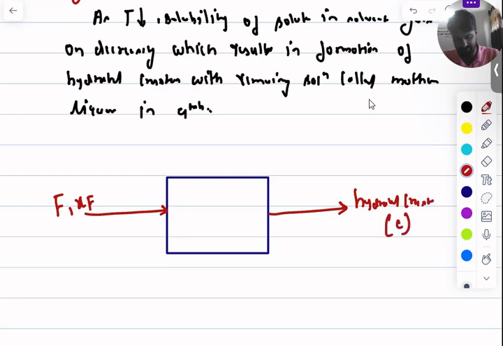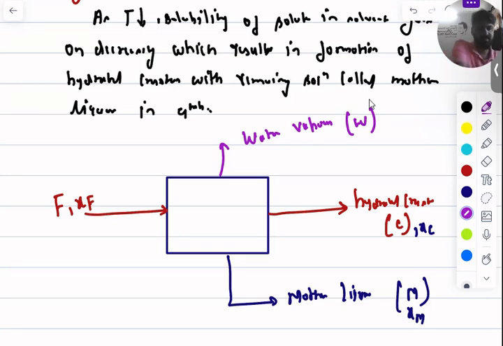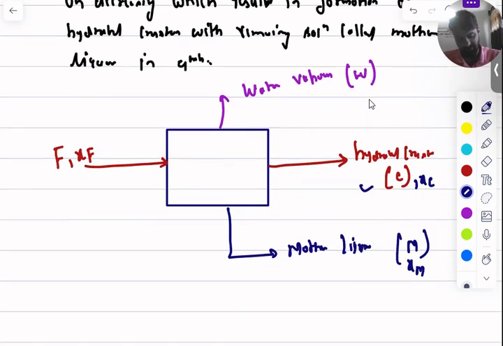I'll denote it as C, and there will be a formation of mother liquor, denoted M, where the mole fraction of the solute will be XM, and here the mole fraction will be XC, and there will be water evaporated, W. Right. In the water there is no solute, so the solute will be either in the hydrated crystal or the mother liquor. That's why we are removing the water.